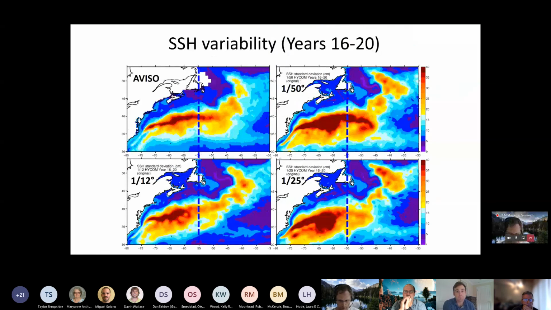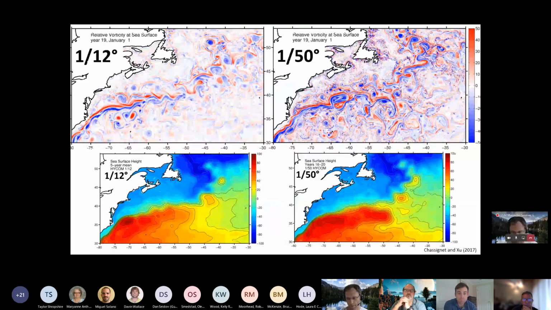You see these submesoscales in the high resolution simulation really at the surface, but do you see these features also at depth, or is it mostly concentrated in the region above the thermocline? Well, there are mixed layer instabilities, so they are mostly present in the mixed layer. But it's a good point to see.